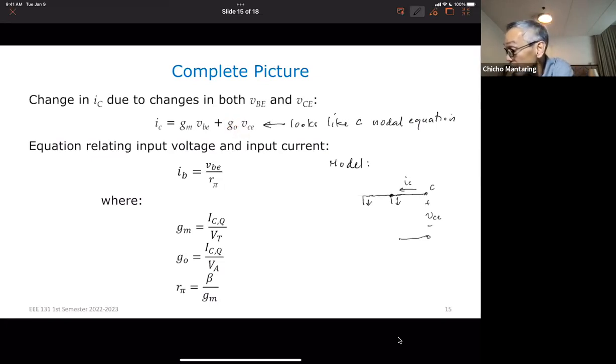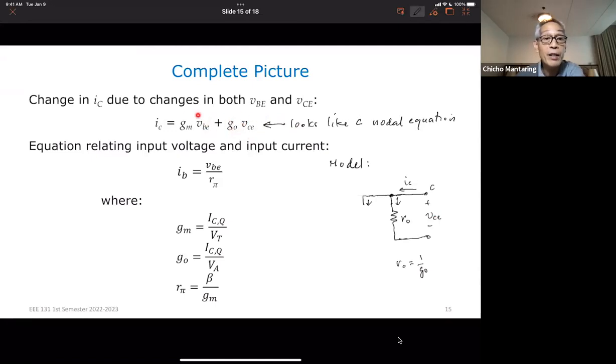So I can model this as a resistance. Let me just call this R sub O, where R sub O is 1 over G sub O. The voltage across R sub O is VCE. So that takes care of this term.